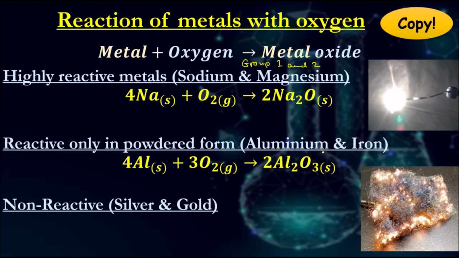Some transition metals like iron, or group 3 type metals like aluminium, are only reactive if they're in powder form. It's still solid, but you need to grind it down to have a greater surface area. Then silver and gold are non-reactive with oxygen, hence why they are generally used for jewelry or sometimes cutlery, because of the non-reactive nature of these metals.